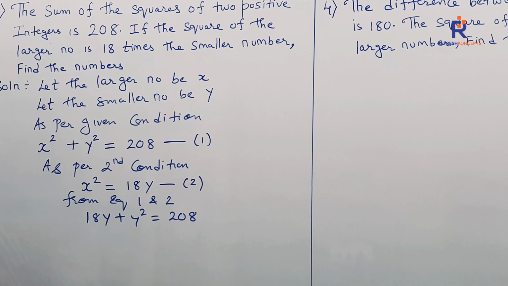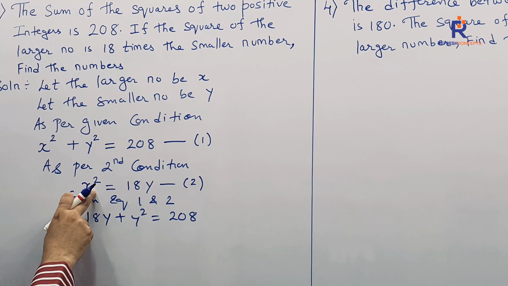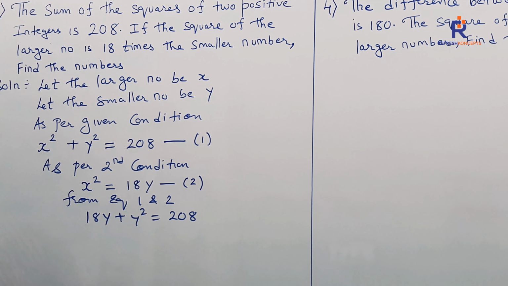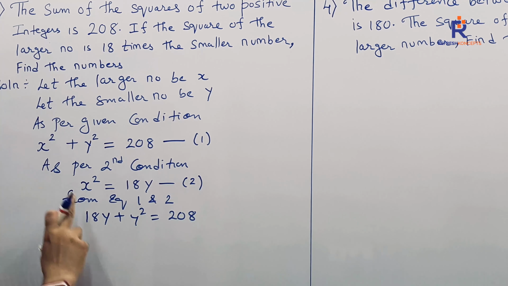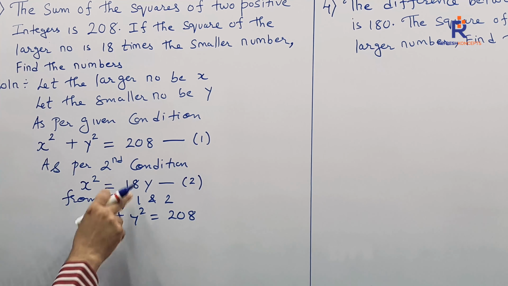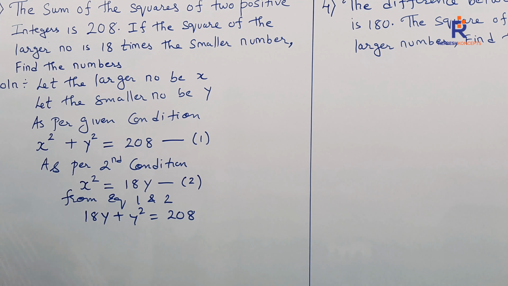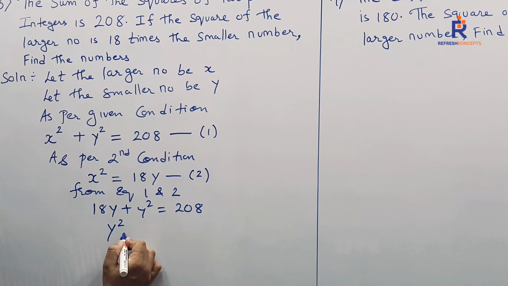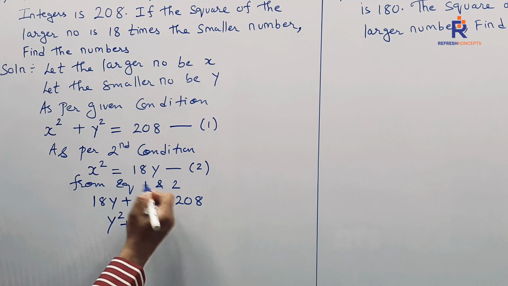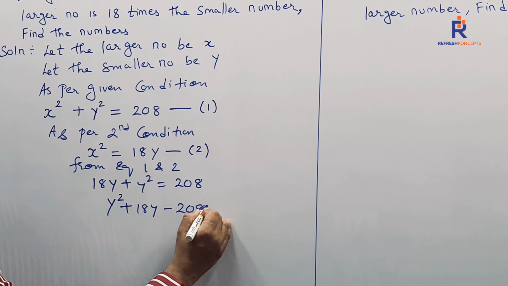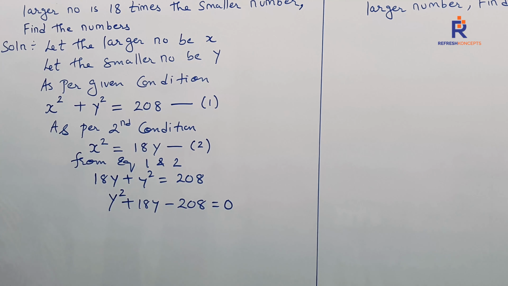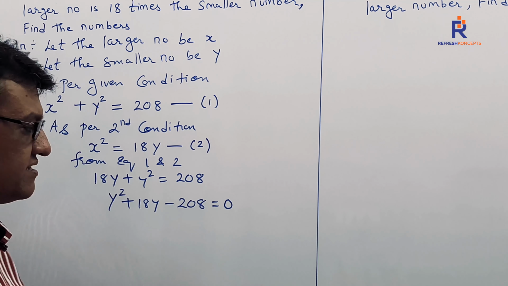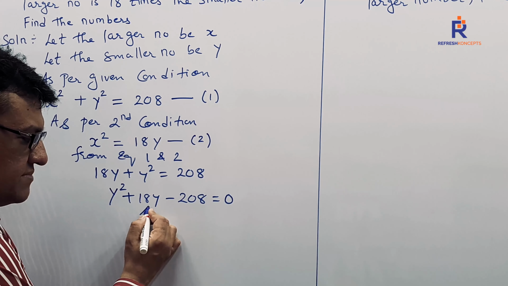Now, as I stated, we are going to convert one in terms of the other. Wherever we have x square, we shall substitute 18y. So from equations 1 and 2, instead of x square, can I say 18y? So here, instead of x square, I say 18y plus y square is equal to 208.